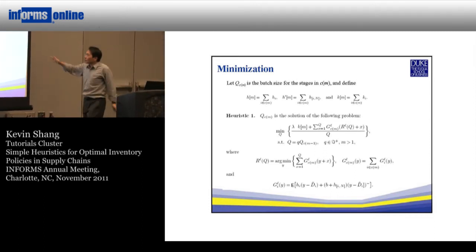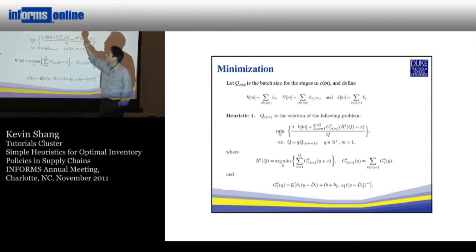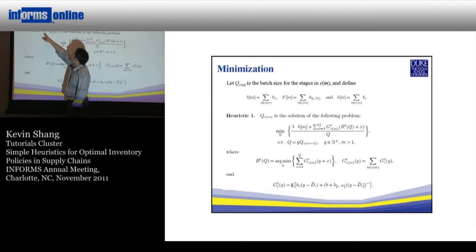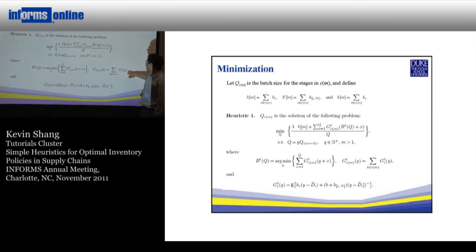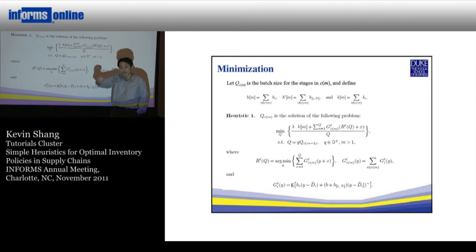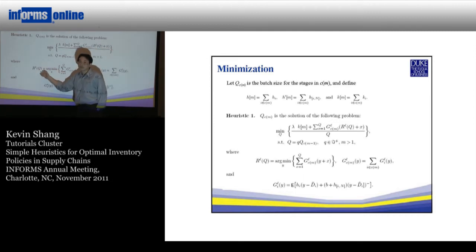For this problem, we can have 2 variants. One we call heuristic 1. If you look at this, it is purely the lower bound cost functions that I get from that cluster. These are the lower bound cost functions within this cluster, and I sum all of them. For this cost function, again, it's convex, I can find the best corresponding reorder point and plug it into the objective function.